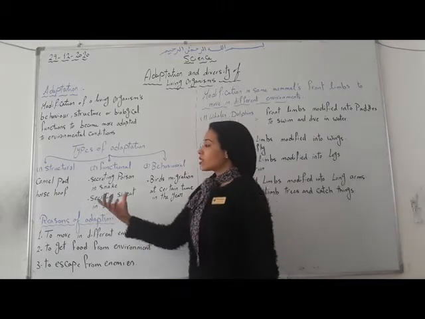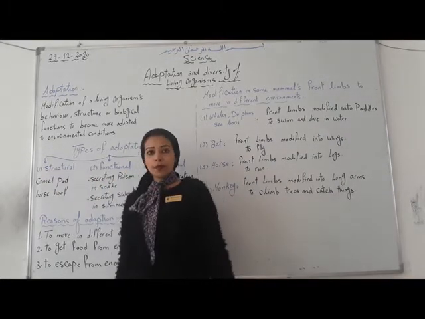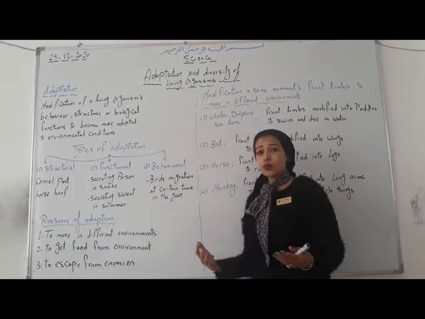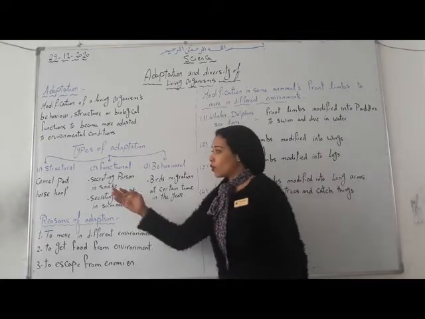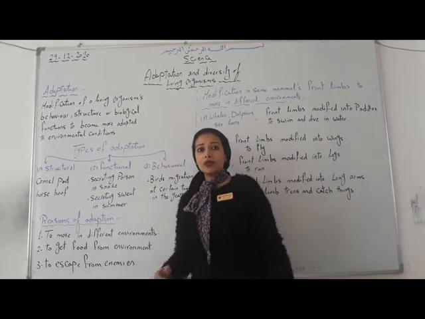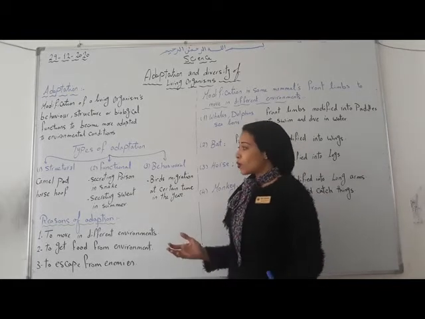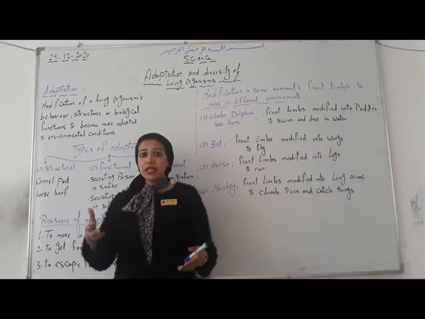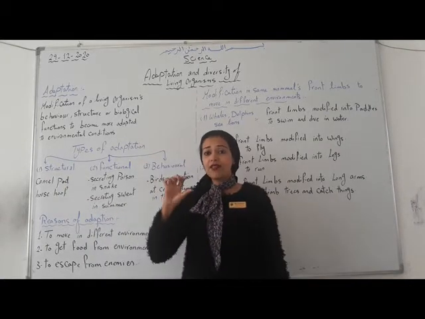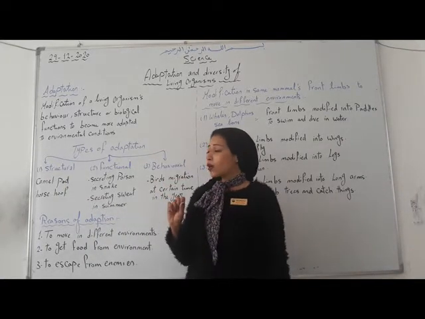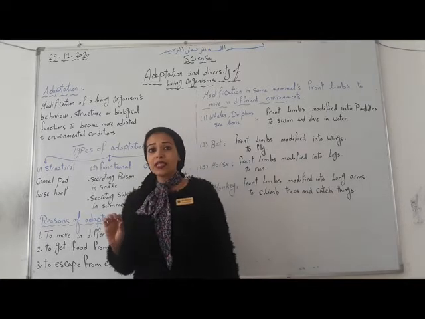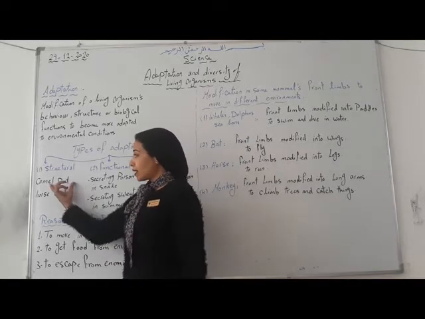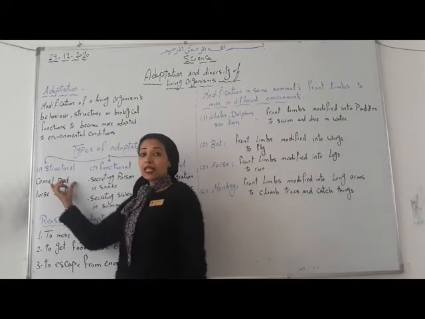What is the meaning of structural adaptation? If we take two living organisms like the horse and the camel and we try to compare between their legs, we will find that the camel's back is flat and fat. Why? Because it moves on the sand, so its back helps it to move in the desert.